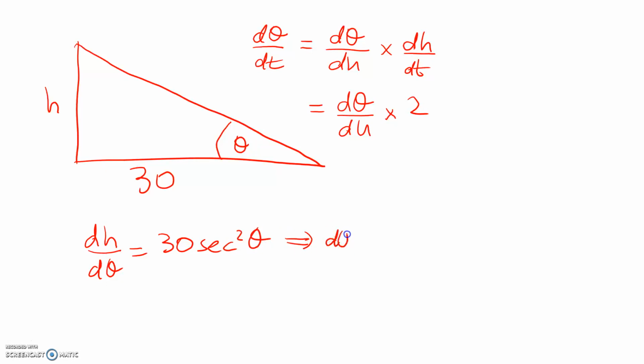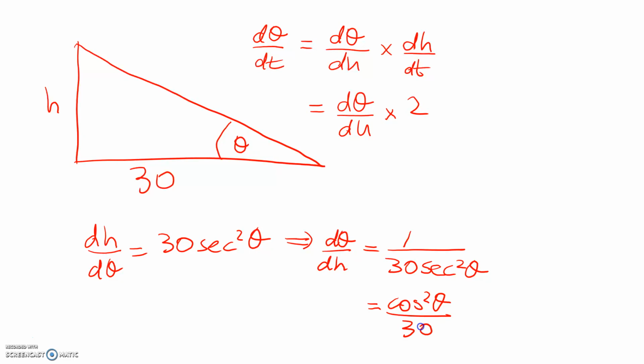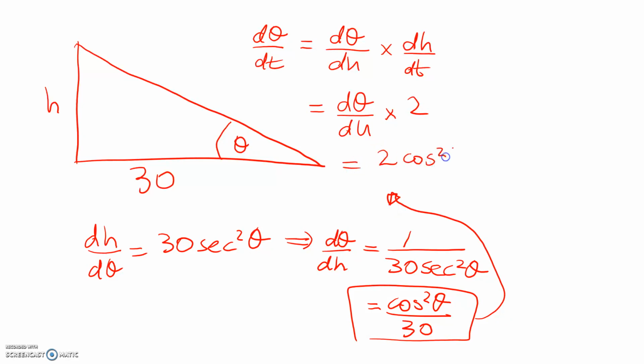So d theta by dh is 1 over that. It's 1 over 30 sec squared theta, and that gives me cos squared theta over 30. So I can now take this and substitute it into here, and I get 2 cos squared theta over 30, which is cos squared theta over 15. So I should be feeling pretty happy at this point, because I've got an expression for d theta by dt.